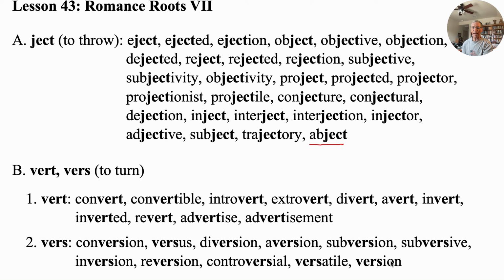And then you have abject. This word ab here, the ab means away from, so literally it means to throw away from in the sense of rejecting, but it's an adjective, and it usually means something bad, an experience, or to experience something bad, experienced or present to a maximum degree.